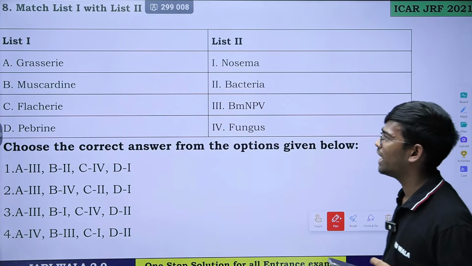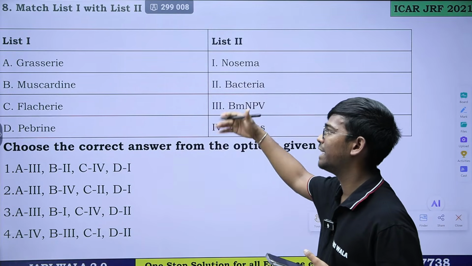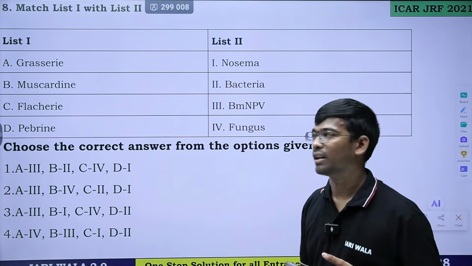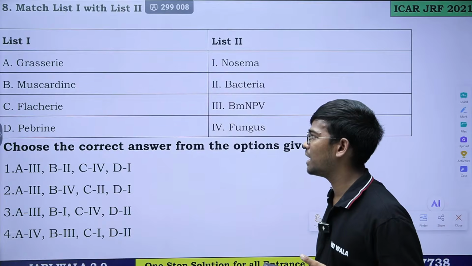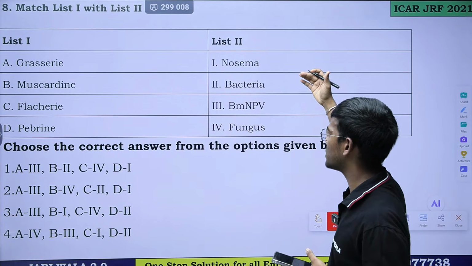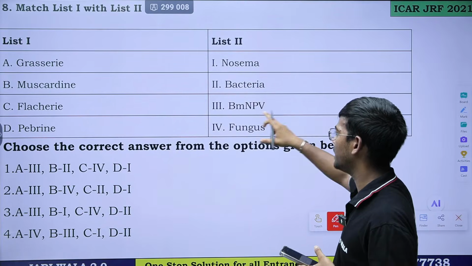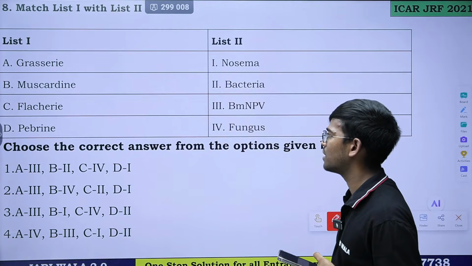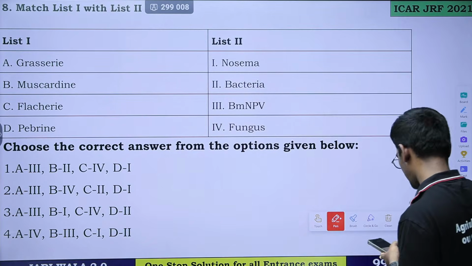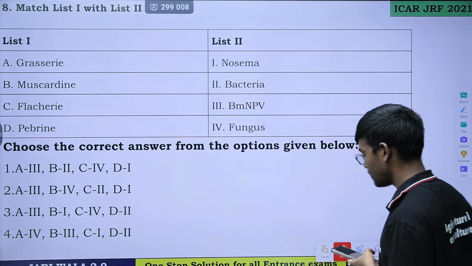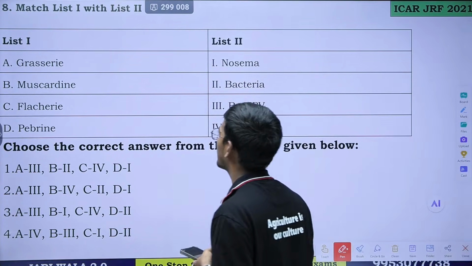And the next one, here also we have the disease names and the causal agents. First we can see Grasserie, Muscardine, Flacherie and Pebrine disease. And here the causal organisms: Nosema, bacteria, BM-NPV, that is Bombyx mori NPV, and fungus. So here we need to connect these.